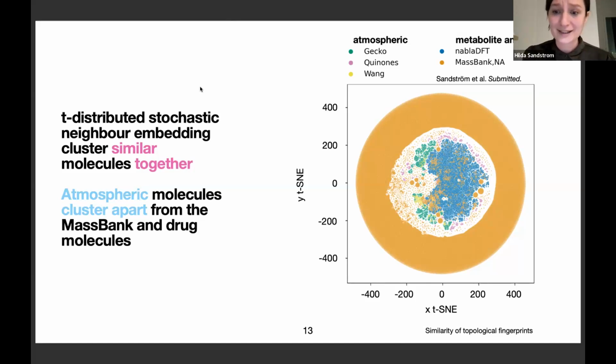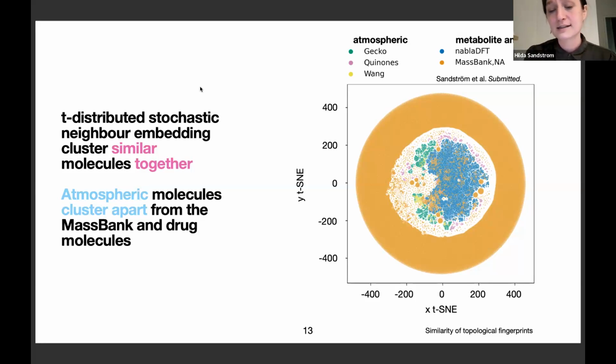And the way to interpret this figure is to look for which datasets cluster together. If they cluster together, that basically means that the algorithm considers them similar, or close together in high-dimensional space.